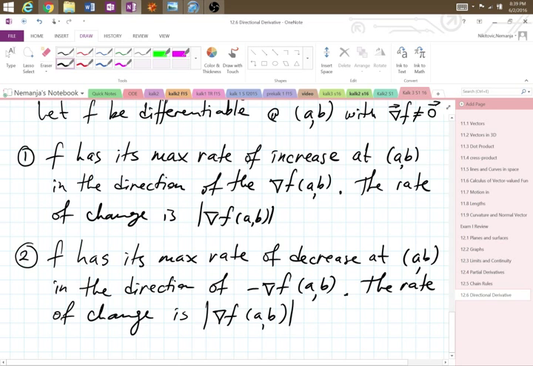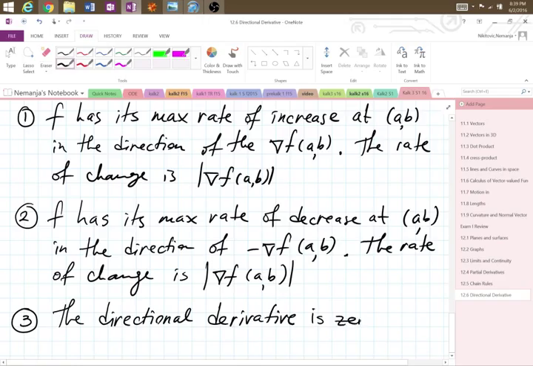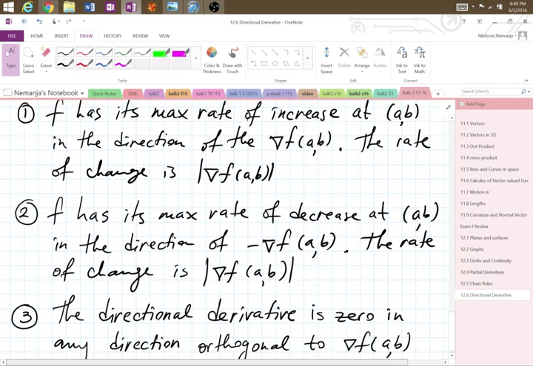So dot product there. So these are the three.